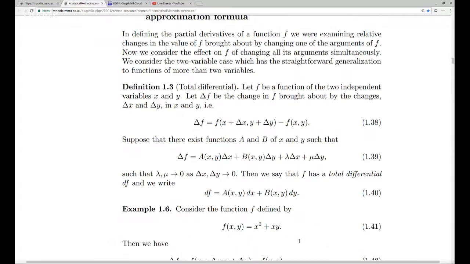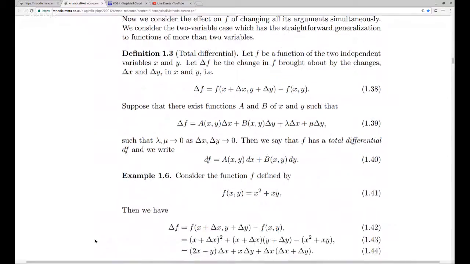So what is a total differential? There's a bit of theory here at the start. A total differential is an expression like this. Delta f, so this is the Greek letter delta, the capital delta. Delta is normally used to denote a change in something, the change in value of some quantity. So delta f is a single quantity representing the change in value of the function f.